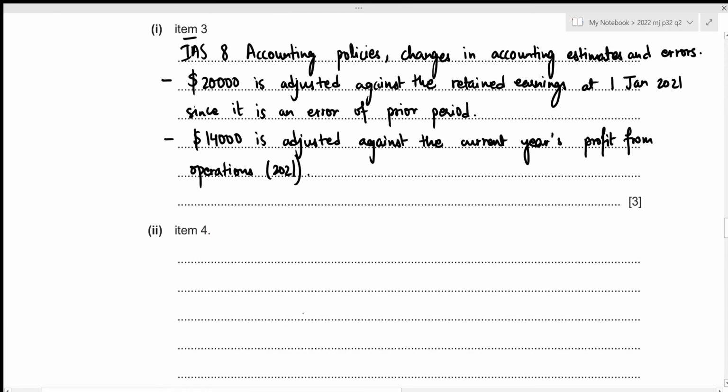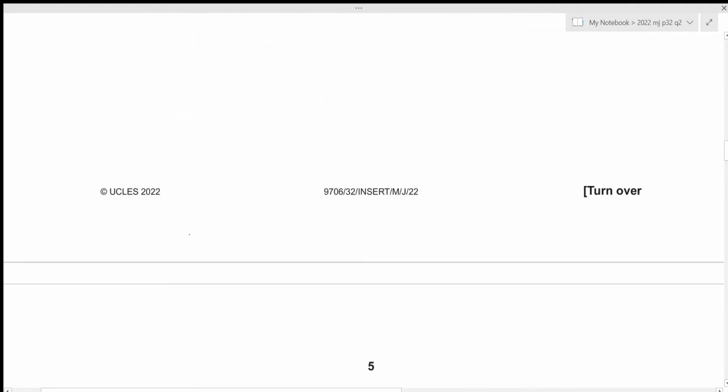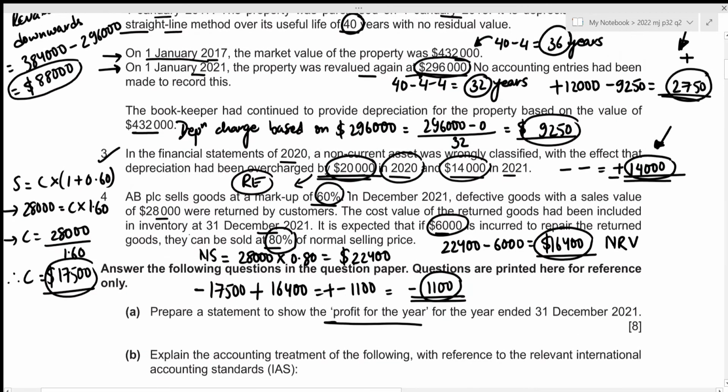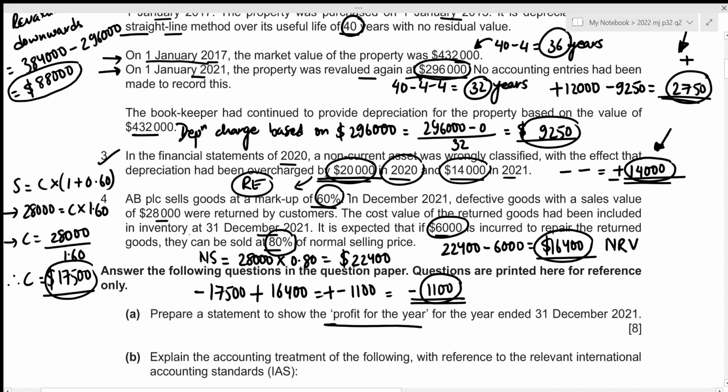Alright, then secondly, we need to repeat the same process for item 4. Let's have a look above. It dealt with inventories, and inventories is automatically our International Accounting Standard 2, right? And here we can see that our cost is 17,500, whereas the net realizable value is 16,400. And we know that inventory is always valued at the lower of cost and net realizable value, which is why our valuation for inventory should now be 16,400 instead of this cost of 17,500.